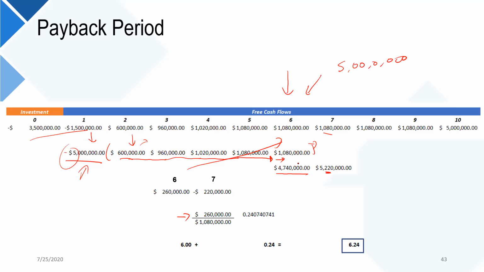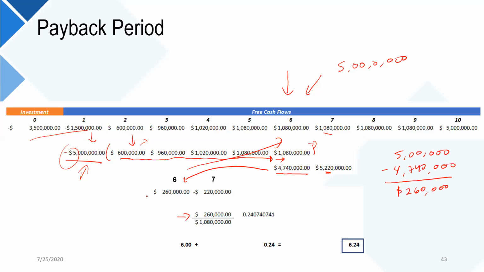So the amount left to repay the investment is this one, 260. It will be 5 million minus 4,740,000, and this one is 260,000.